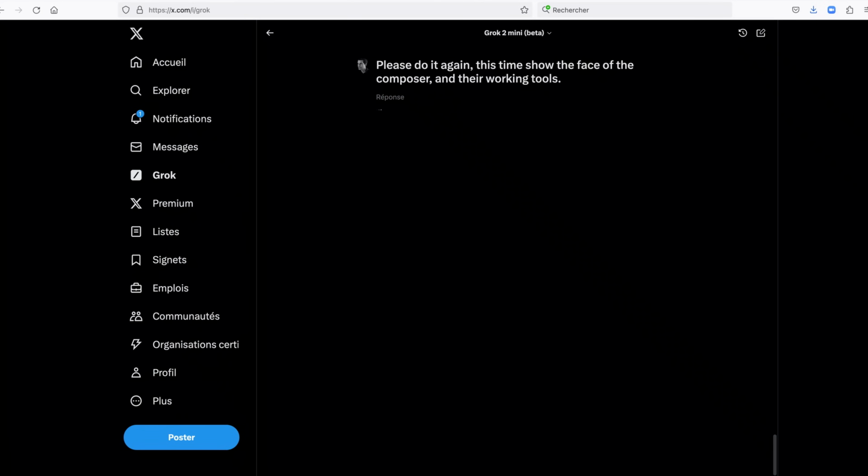Okay, and I'm going to ask Grok to do that again. Just see if it can generate a variant on this image. Please do it again. This time, show the face of the composer and their working tools. Okay, well, let's see what happens here.